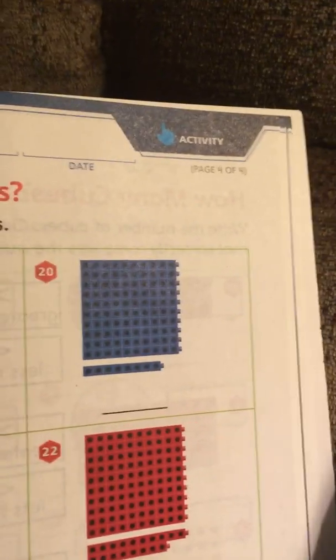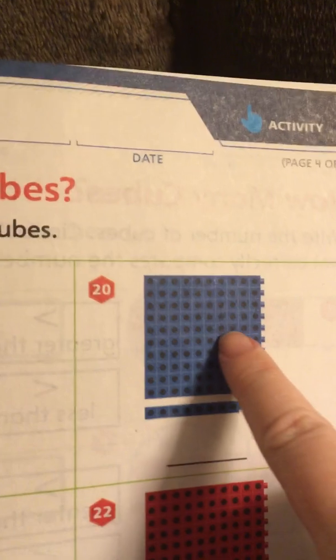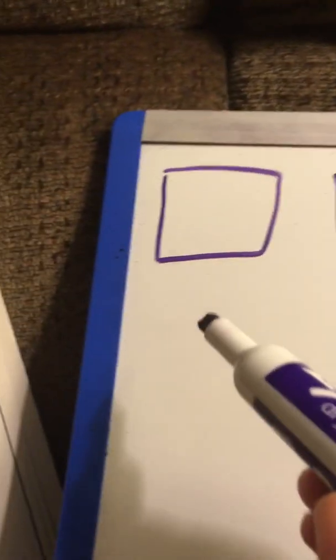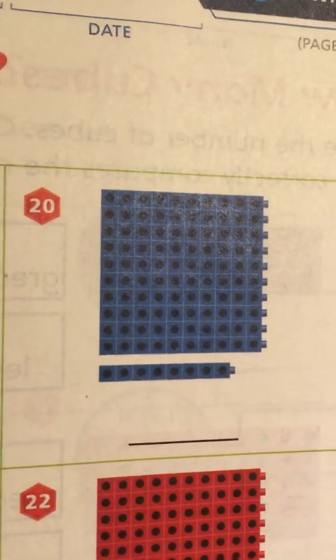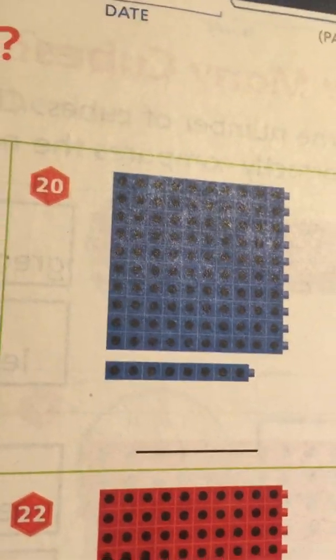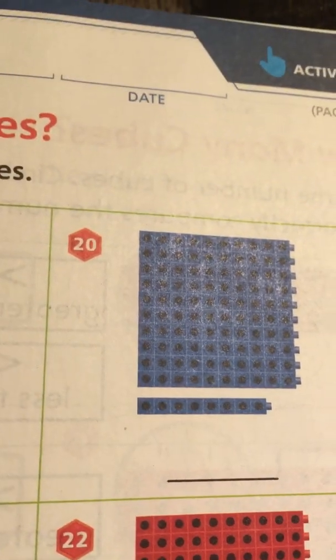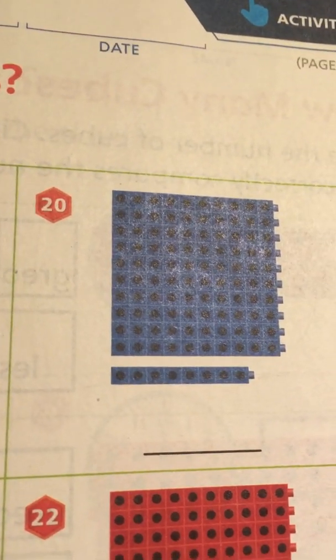So on your paper, you're going to draw your 100 block. Remember, that's a large square. Now there's no tens. There are no 10 blocks. How many ones blocks do we have? Right, there's 8. So we're going to draw 8 dots.